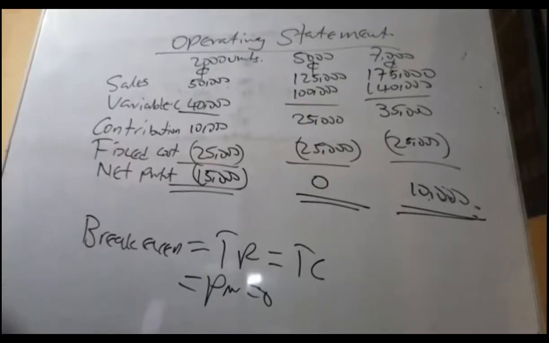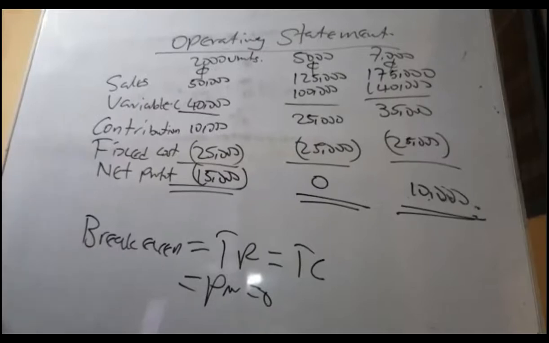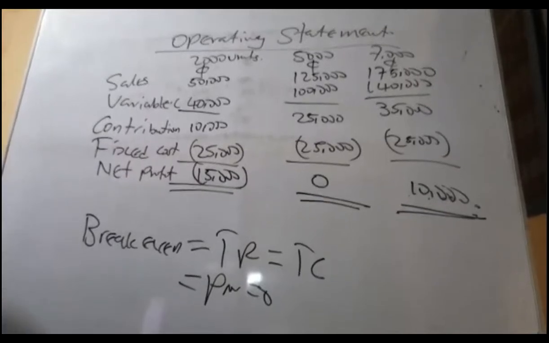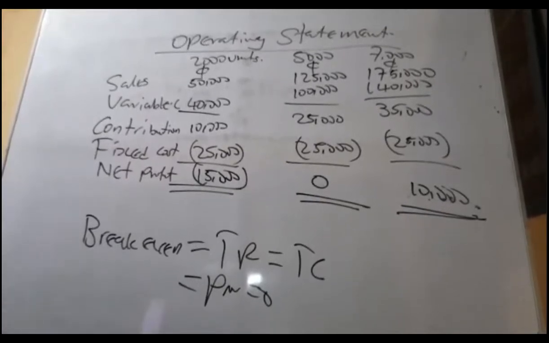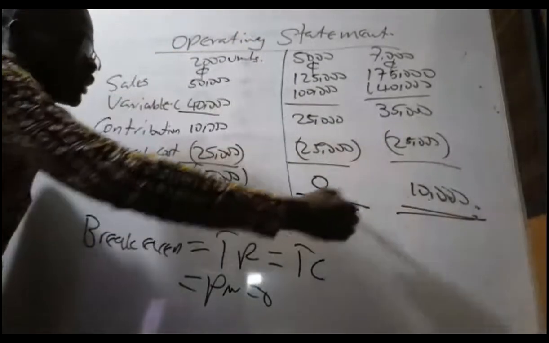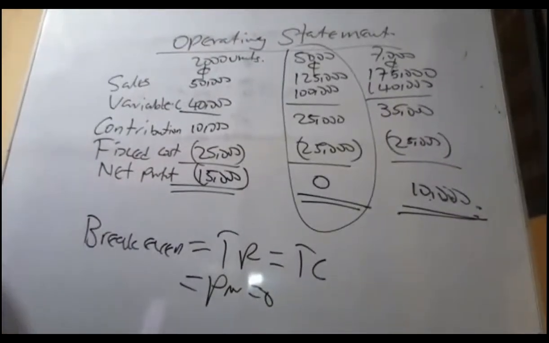Your revenue is exactly the same as your total cost. Good. So tell me, at which activity level did the company experience break even? When they produce and sell 5,000 units, right? Good. So this is what we call the break even point for this particular company.